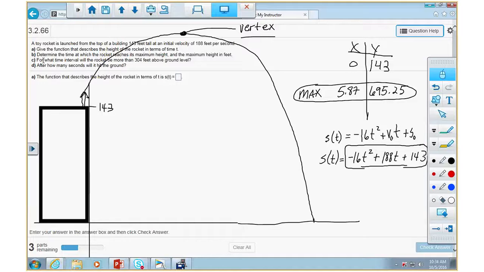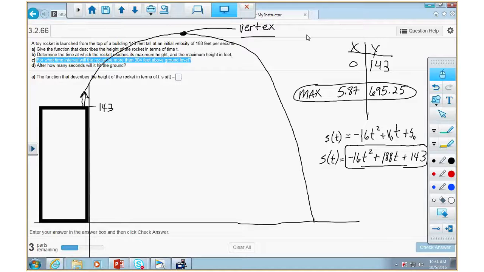Okay, now C, I want y'all to do. For what time interval will the rocket be more than 304 feet above ground level? Now I want you to think about that before you try to make it difficult.